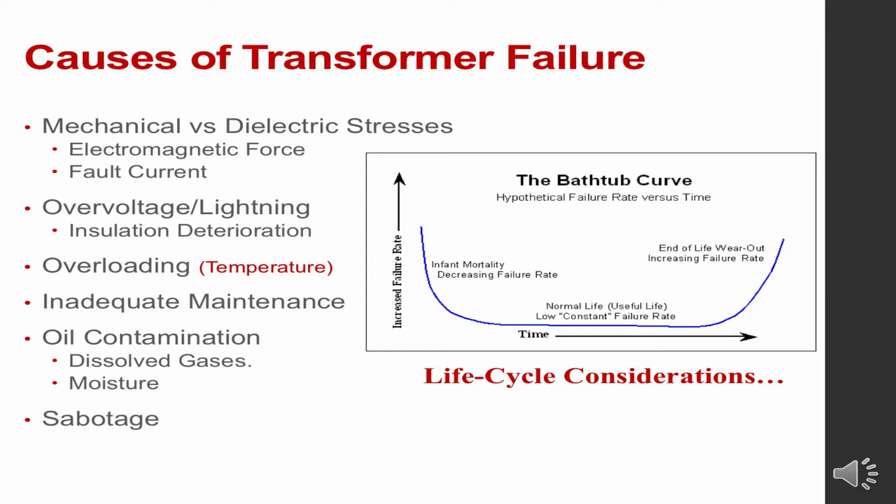Under the concept of overvoltage and lightning, well, of course, a lightning strike does produce an overvoltage event, no arguing that, but the impact on the insulation value of the transformer is important. So there's a concept that you'll see on your transformer nameplate called BIL, and that stands for basic insulation level.